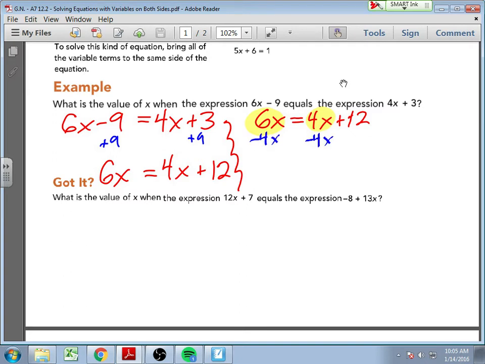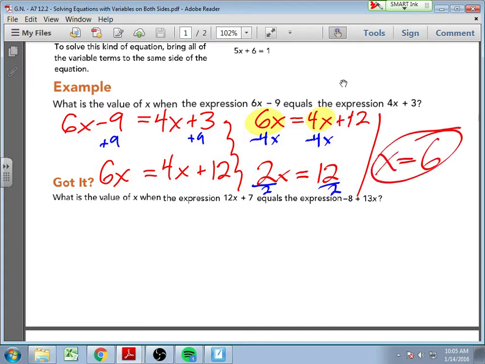That's what I did. Then we'll have 2x equal to 12. Nate, then you just divide by 2 on both sides. We divide by 2, cut it in half, and we get x is equal to 6. Did it right. Or you'll get 6 is equal to x, which is still saying the same thing.